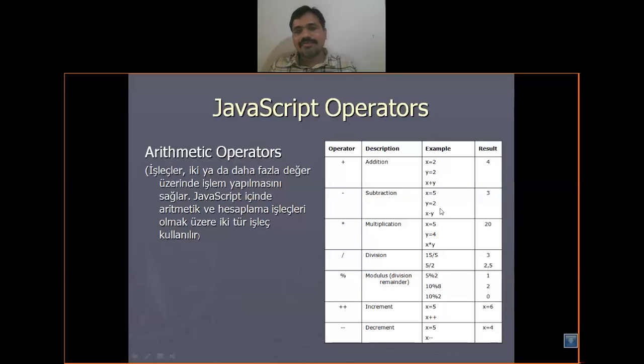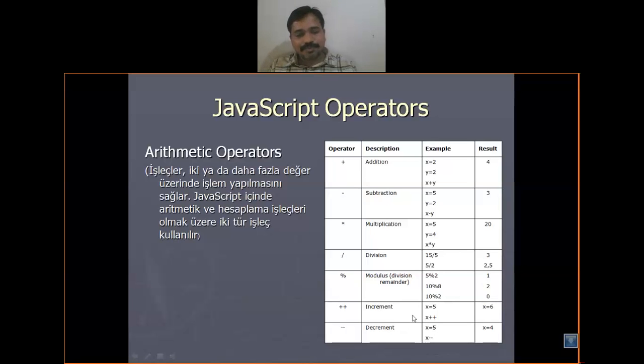Same for minus, 5 minus 2. For multiplication you write the multiply symbol, and for division you use the division symbol. The percentage symbol is required if you want to calculate the remainder value. 5 % 2 gives the remainder value 1.